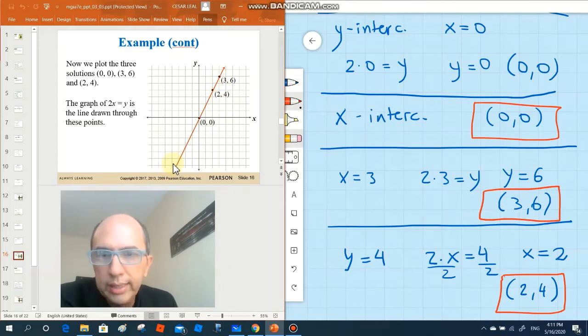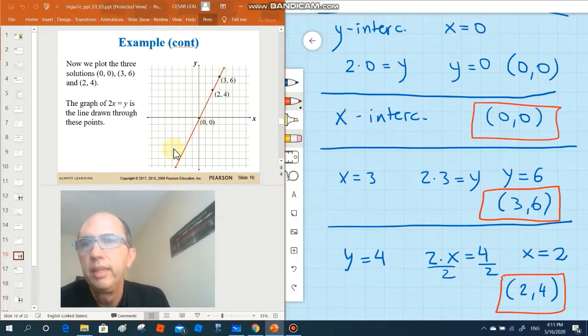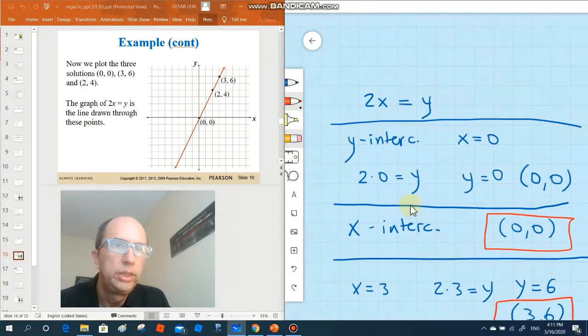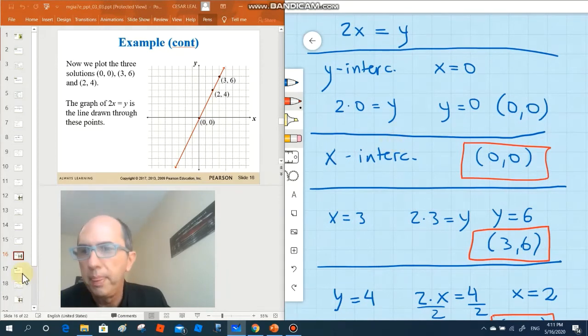And don't forget, these lines have arrows on both extremities of the line. Why? Because this goes all the way to infinity. So negative infinity, positive infinity. Okay? This is an infinite line. And this is how you graph this function, which is 2x equals y.